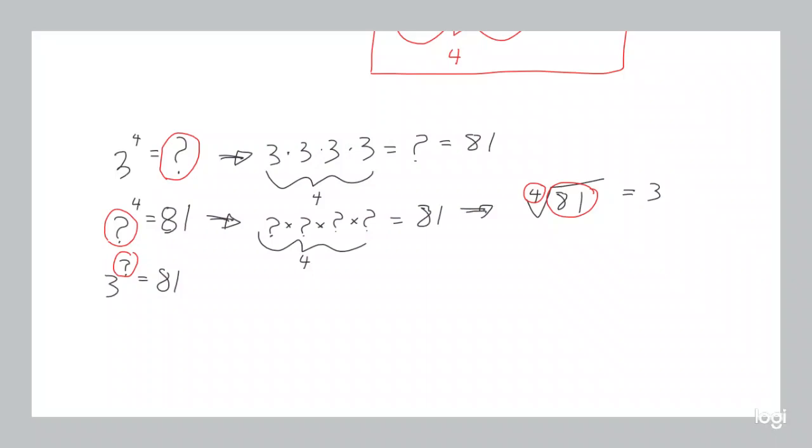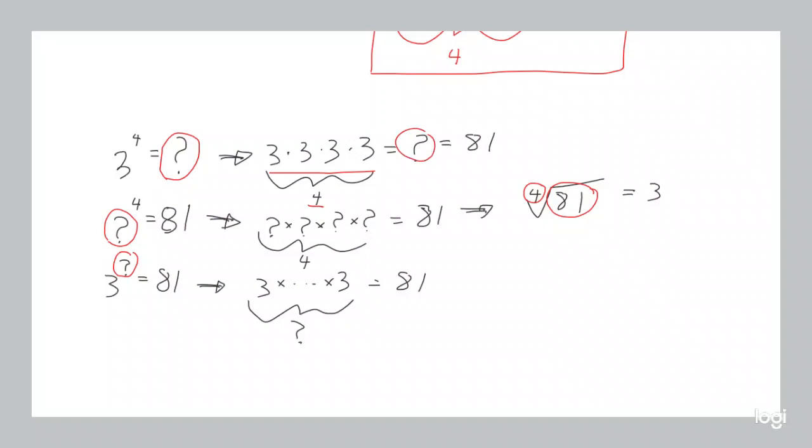And then the last question we can ask is, how many times do I need to multiply 3 in order to get 81? Right? So in the first case, we know what we're multiplying. We know how many times we're multiplying it.